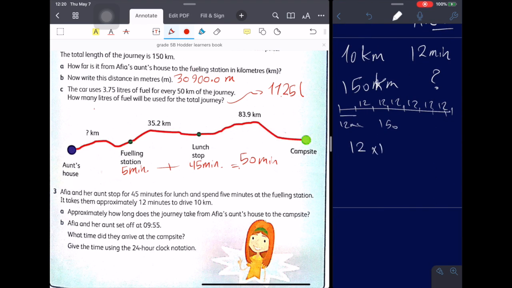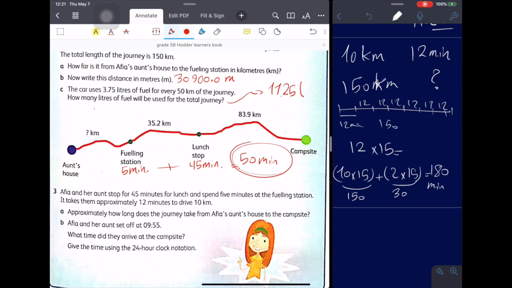Therefore, from the lessons we've studied, you know that I could write 10 times 15 plus 2 times 15. 10 times 15 is going to make 150, and 2 times 15 is going to make 30. So together it's going to make 180 minutes. Plus, we had 50 minutes of delay here.